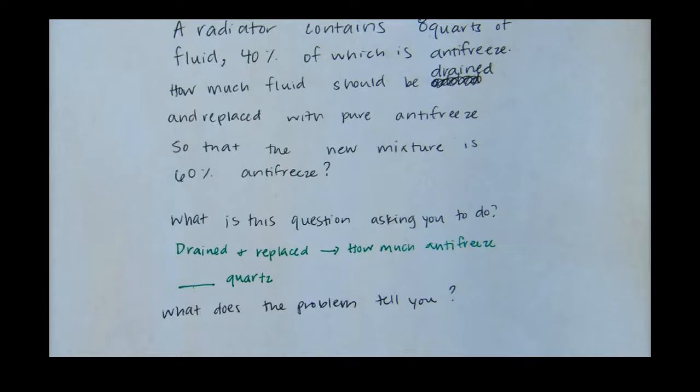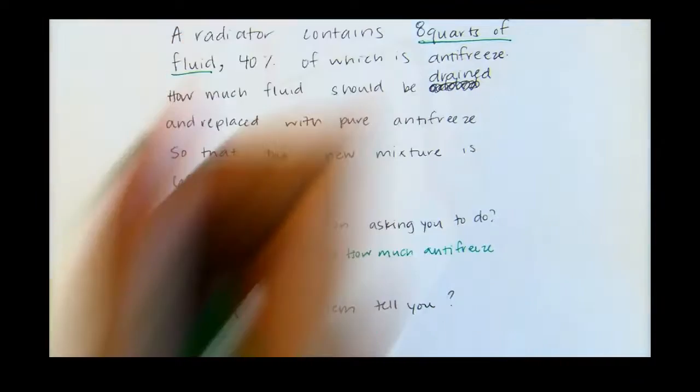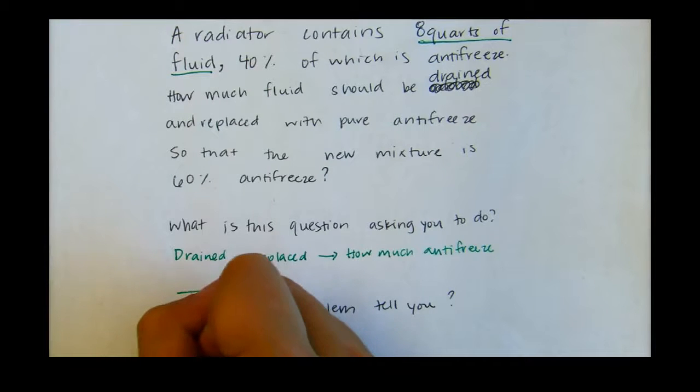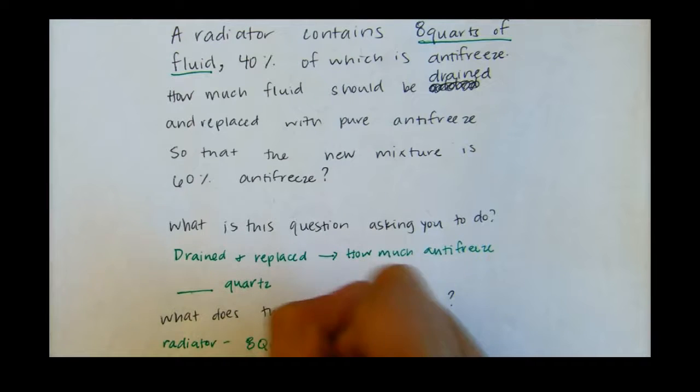Okay, so this problem tells you a couple of things. Hopefully you got all of these. If not, take a look back at the problem and make sure you can identify them for yourself. The first piece of information that I'm given is that my radiator contains 8 quarts of fluid. So my radiator has 8 quarts of fluid.